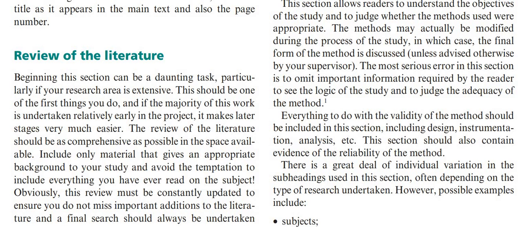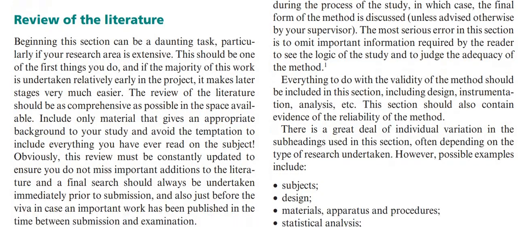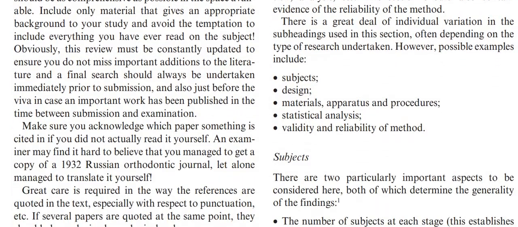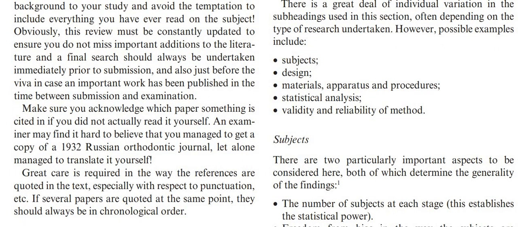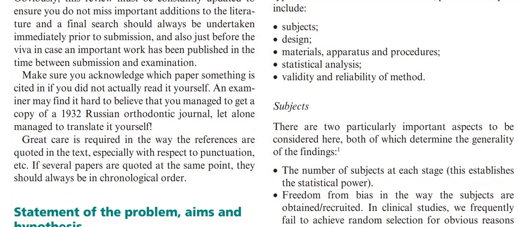There is a great deal of individual variation in the subheadings used in these sections, often depending on the type of research undertaken. However, possible examples include subject, design, materials, apparatus, procedures, statistical analysis, validity, and reliability of the methods.